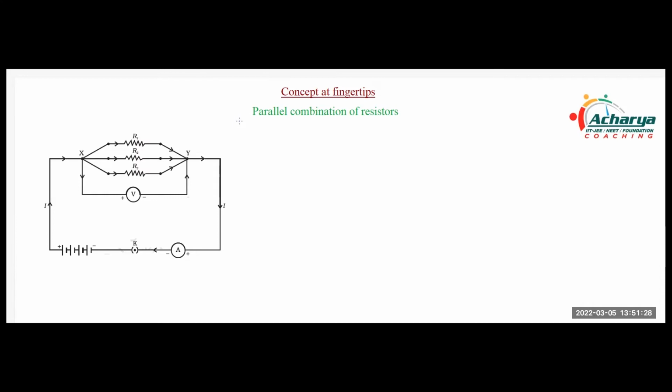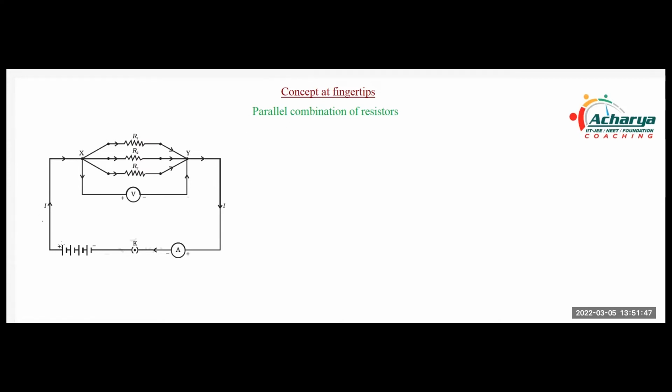So if you want to increase the resistance in the circuit, we can go for series combination. But parallel combination will have a different property. So we will see parallel combination in today's session.